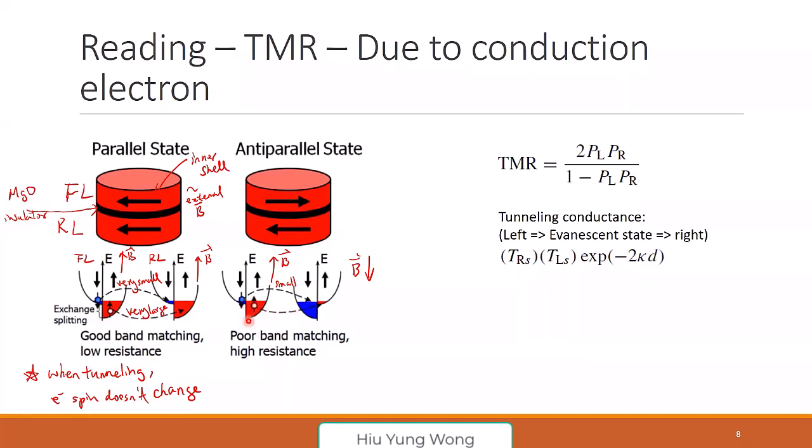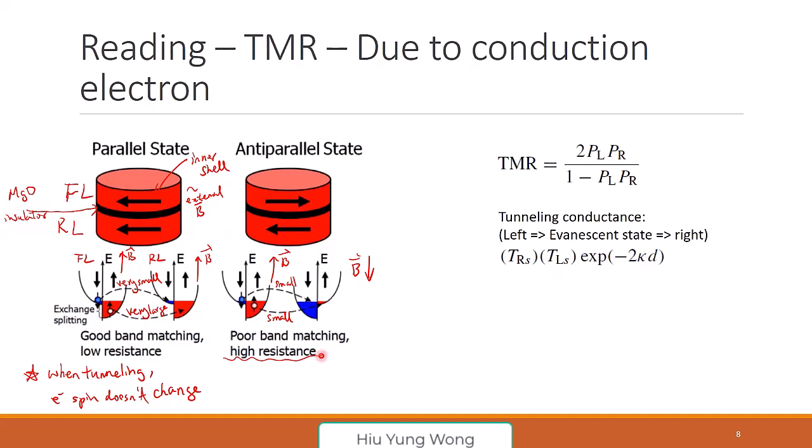I have a lot of electrons here, right? But I don't have a lot of available states because here the energy is higher. So I also only have very small current for this. So overall, it is still small.